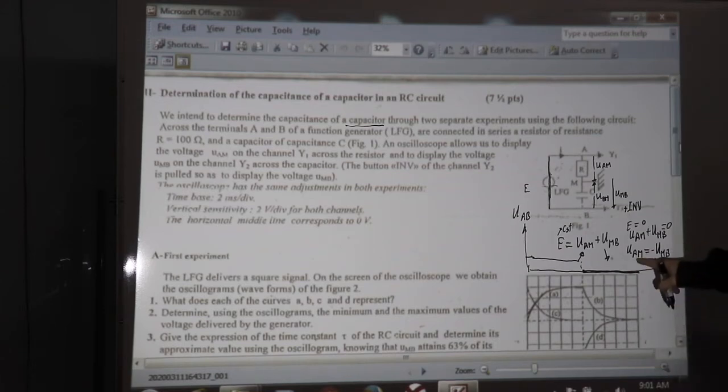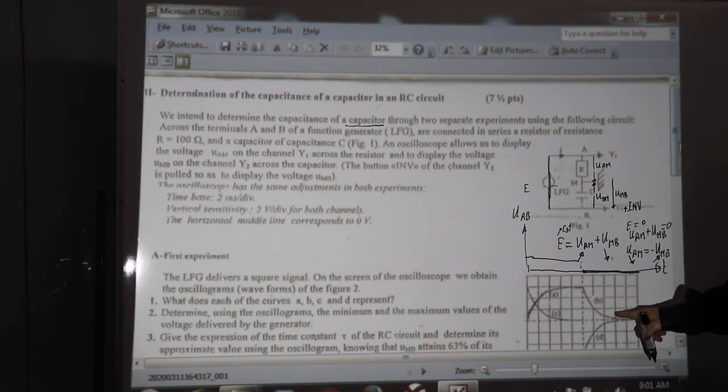This means UAM and UMB have equal values but opposite signs. And since UAM decreases from E to 0, UMB increases from minus E to 0.